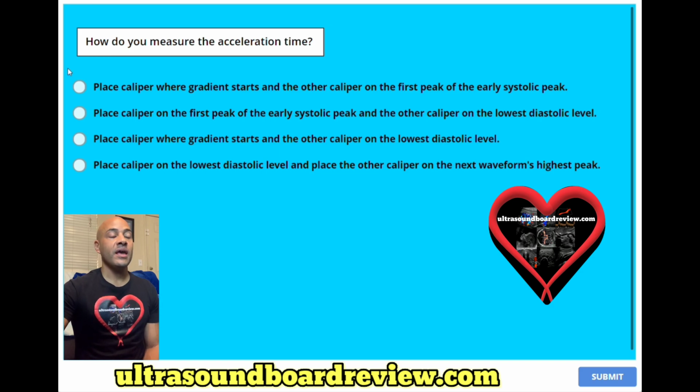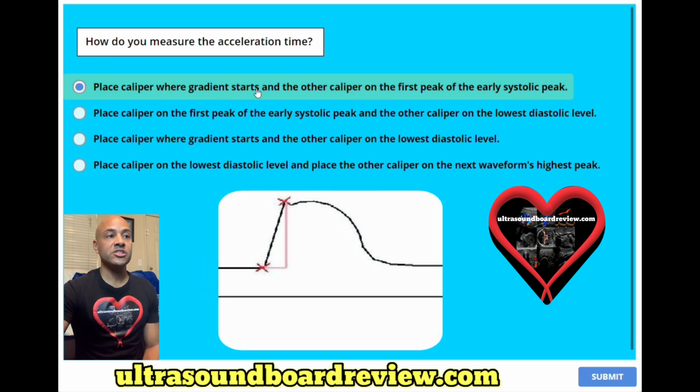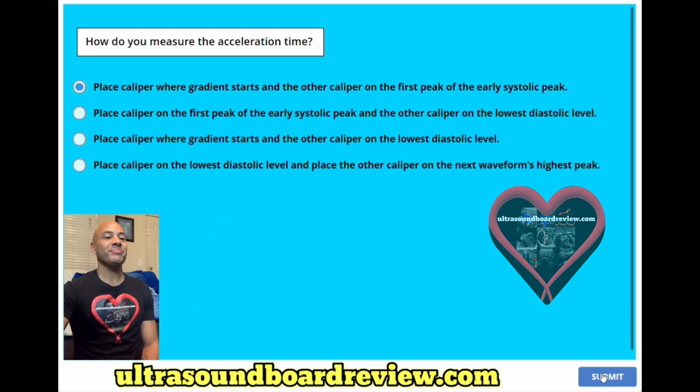The answer is A, place caliper where gradient starts and the other caliper on the first peak of the early systolic peak.